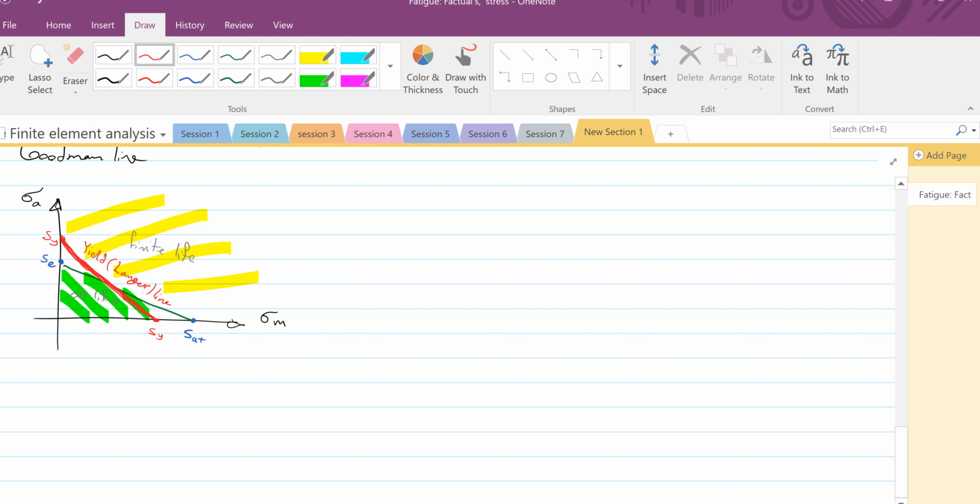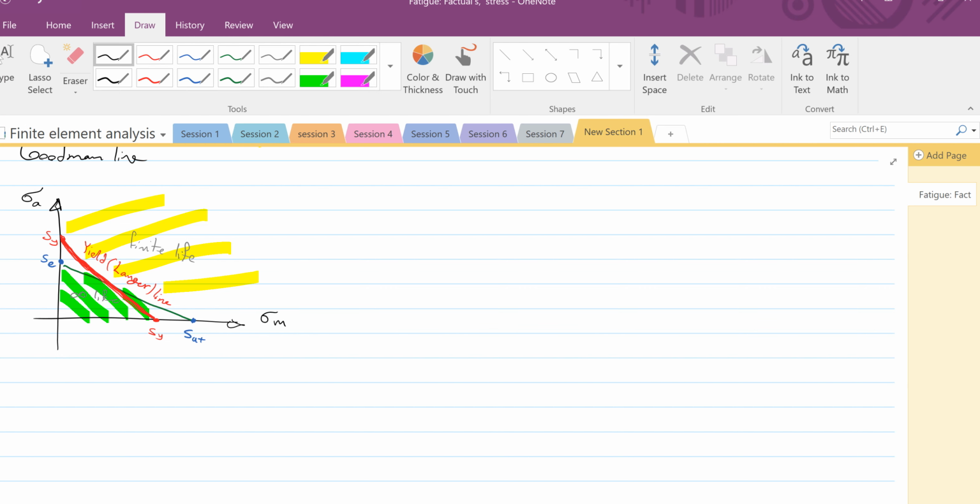Okay, we have many other lines for making decisions if our design is going to have infinite life or finite life. The most famous one is Goodman's line.